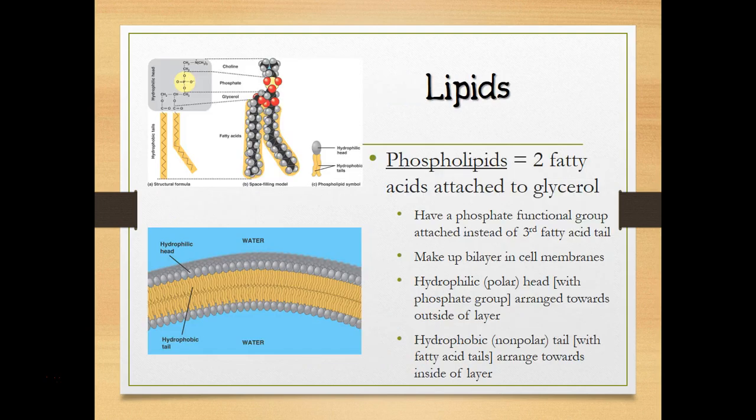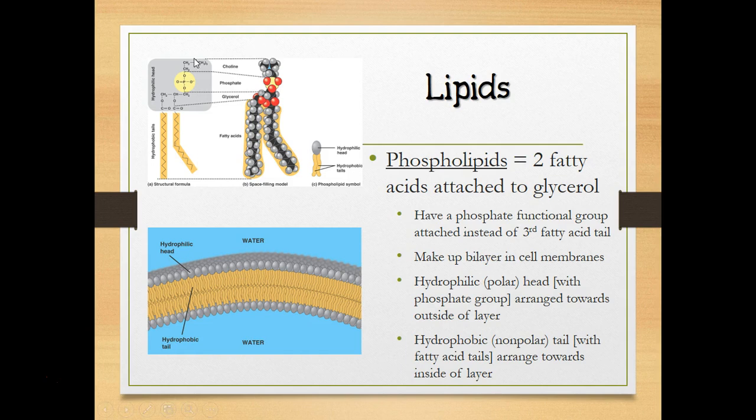Phospholipids. So still have that glycerol. And if I take a look here, now they've only got two fatty acid chains, and that third carbon is now actually attached to a phosphate group. So these are, we talked about them when we were talking about water. These make up your cell membrane, that bilayer, right?